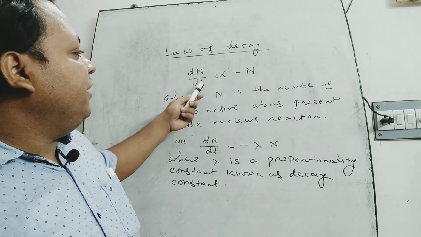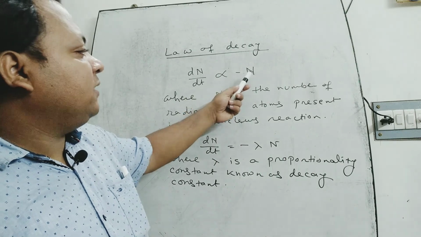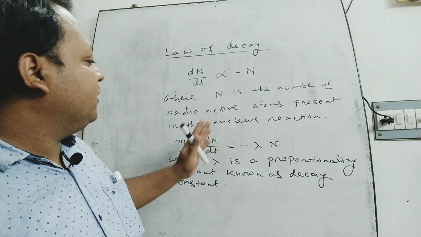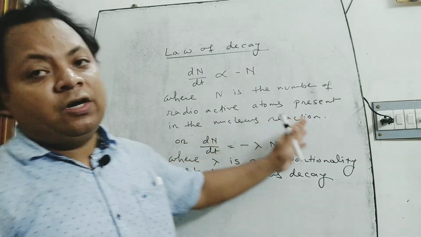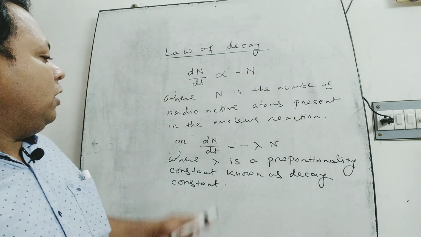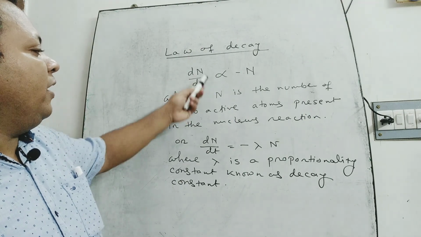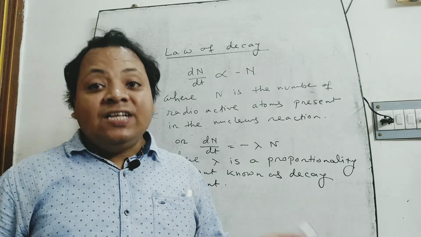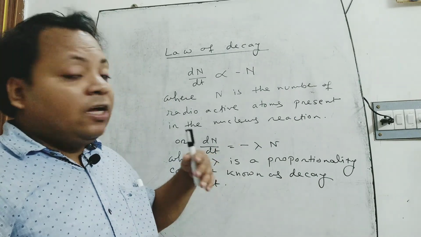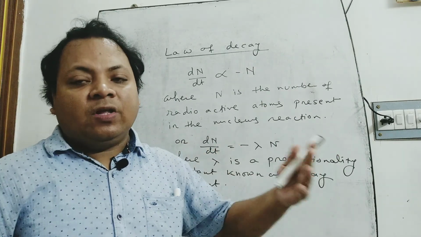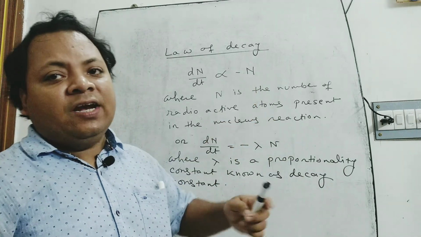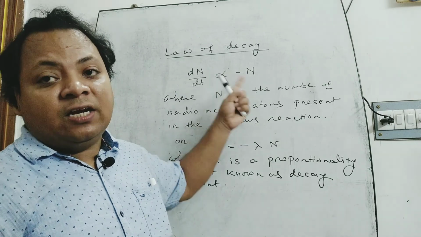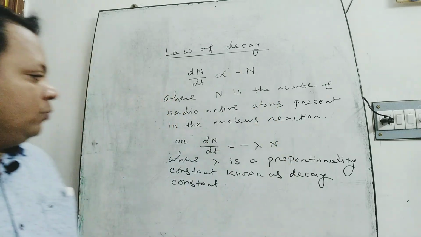That is, dN/dt is directly proportional to minus N, where N is the number of radioactive atoms present at that moment in the nuclear reaction, and dN/dt denotes the rate of decay. The negative sign denotes the decay; that is, during the increase of time, the value of N decreases. That's why a minus sign or negative sign is introduced.